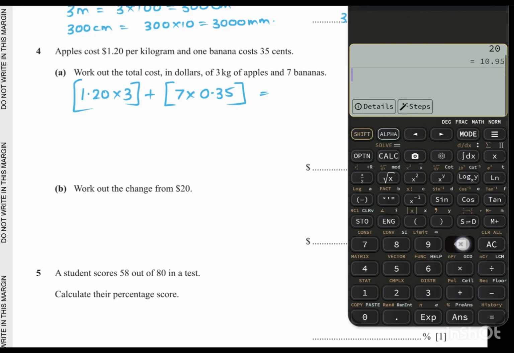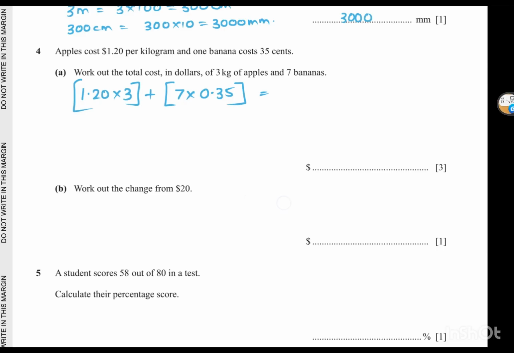Let me do it once again: 1.20 into 3 plus 0.35 into 7. So $6.05. This is the total amount for these items. So write down 6.05 in the answer column.